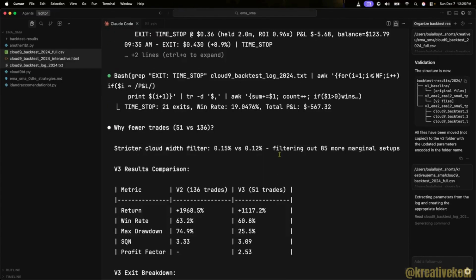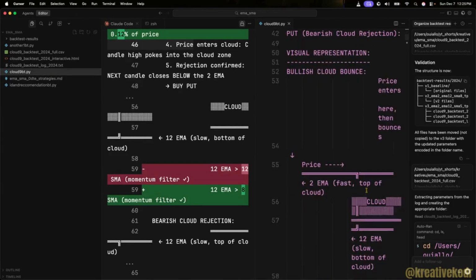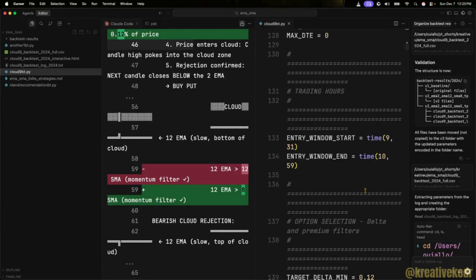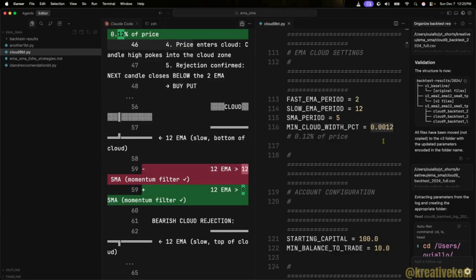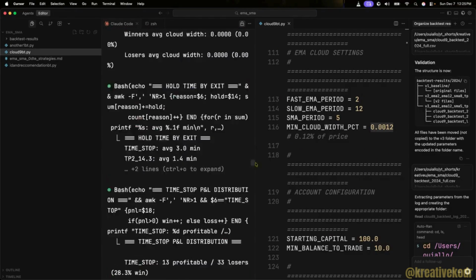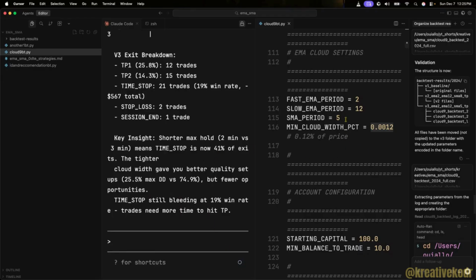All right. Why fewer trades? Is the filter stricter? No, I'm not at 15. I'm not at 15, am I? No, it's 0.12. Yeah, 0.12. All right. Oh, that's interesting.